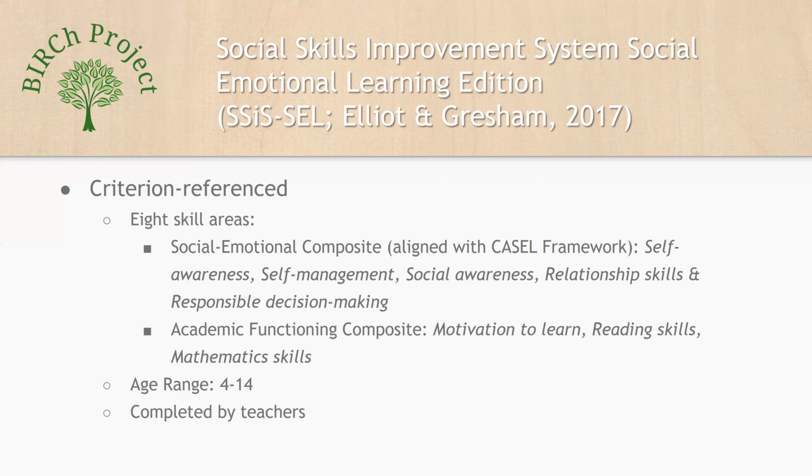You also have a form or scale for motivation to learn, reading skills, and mathematical skills. So you have a wide range of social functioning as well as some academic skills, which is an indirect assessment of academic skills, but it allows you to assess broad areas of functioning. The age range for this SSIS SEL is from 4 to 14.